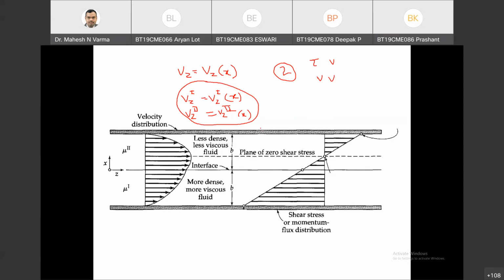I am asking the number of boundary conditions needed to solve this problem. Two, sir. Total 2 plus 2, 4. 2 plus 2 is 4 or 2 minus 2 is 0? No, sir, 4. Four boundary conditions are needed. So what can be these 4 boundary conditions?